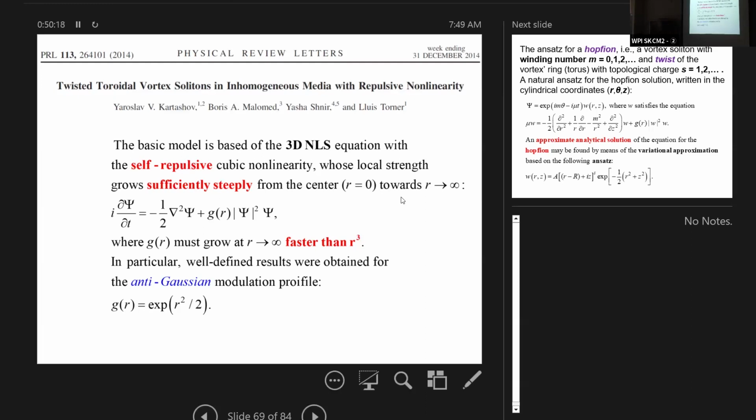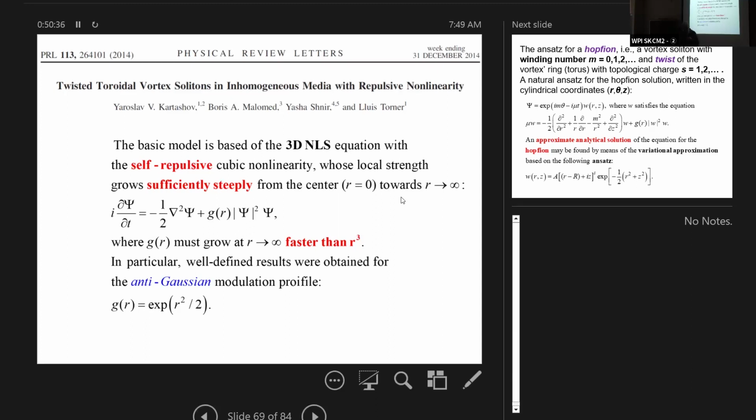Okay, but now what is assumed here is that, again, using control mechanisms such as the Feshbach resonance, because one can apply a magnetic field which controls the Feshbach resonance, the field itself is spatially inhomogeneous, non-uniform.